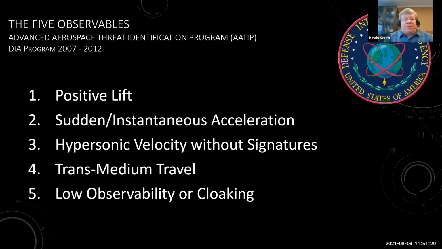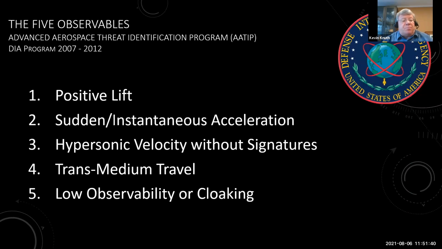We all became aware of the ATIP program, the Advanced Aerospace Threat Identification Program, which was run by the Defense Intelligence Agency in 2017, in the New York Times article. And one of the useful outputs from that program is the list of the 5 observables.